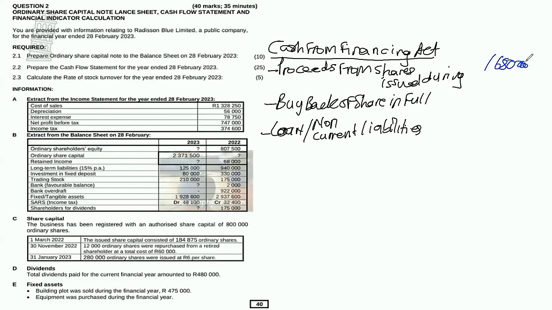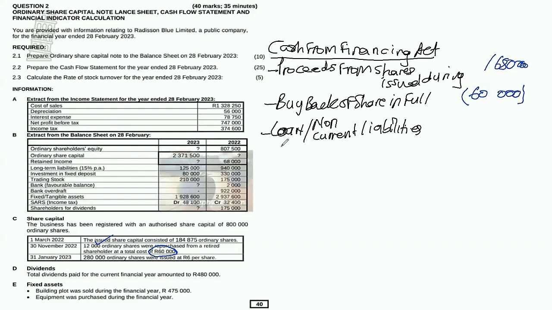The value of these shares was 1,680,000. However, in information C, 12,000 shares were repurchased from a retired shareholder at 60,000 as our total cost. So now you will record 60,000 here as our total cost.